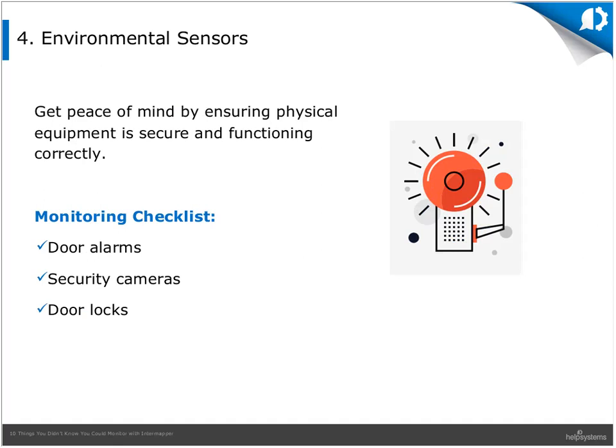Some people might have door alarms or sensors on their front doors, door locks. These are things that are, again, IP-based and can now be monitored as well. So these are things we encourage folks to include on their map and in their monitoring coverage.